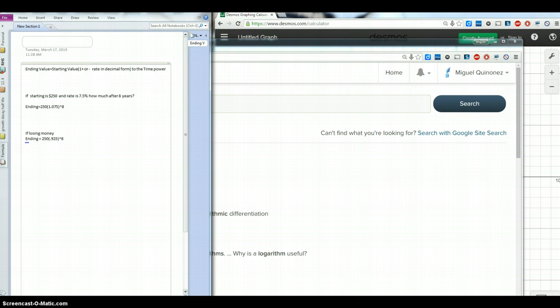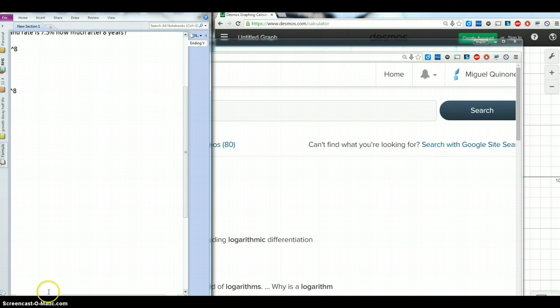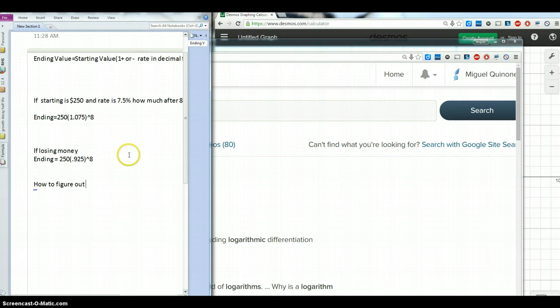All right, so that is how to figure out ending, depending on if I was increasing money or decreasing. All right, how to figure out the starting. Let's see, zoom in a little. How to figure out, what did we say? The rate. Okay, that is the hard one.